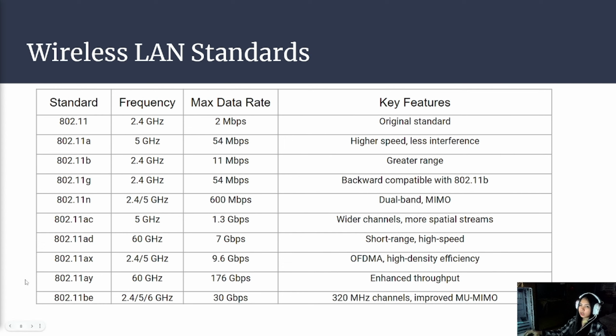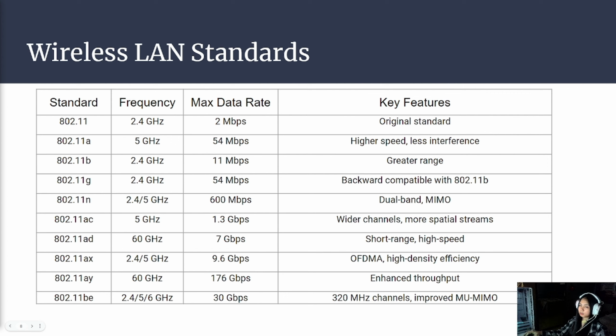Looking ahead, 802.11be, or Wi-Fi 7, is expected to be released in 2024. Wi-Fi 7 will operate across 2.4 GHz, 5 GHz, and 6 GHz frequencies, with data rates up to 30 Gbps, and it will feature a 320 MHz channel and improved multi-user, multiple input, multiple output, further enhancing network performance and capacity.